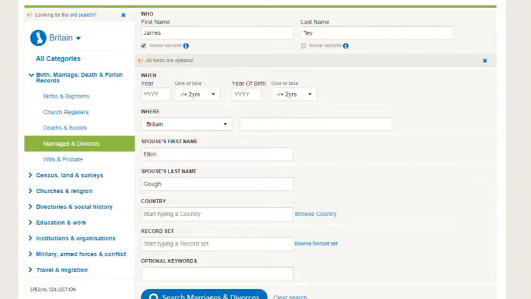So if you look under the last name now, what I've done is placed an asterisk before the letters LEY. So what the software is now going to do is search through all the names and try and match a James something Lee up against an Ellen Goff.